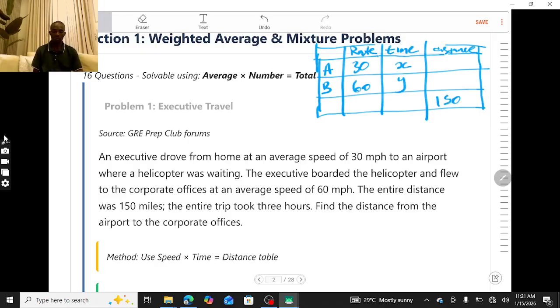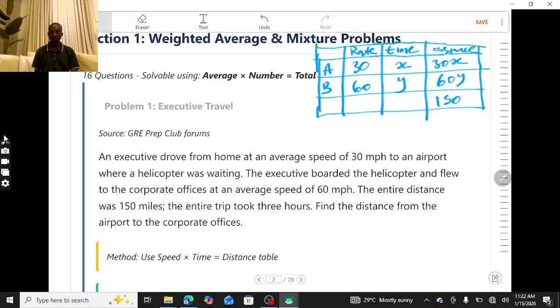All right. If you check here, the first part the speed is 30, and the second part the speed is 60. But the time varies, unlike the other time when two people started walking and stopped at the same time. Rate times time gives us the distance. So 30 times s is 30s, and the other one is 60y.